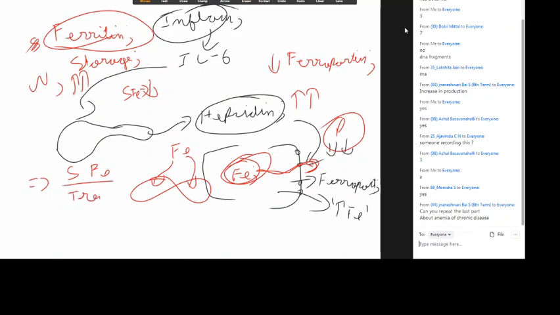What will happen to this ratio? Serum iron is less. TIBC is also decreasing. So overall, even if it increases a bit, this will predominate, right? You will have a decrease in your transferrin saturation.